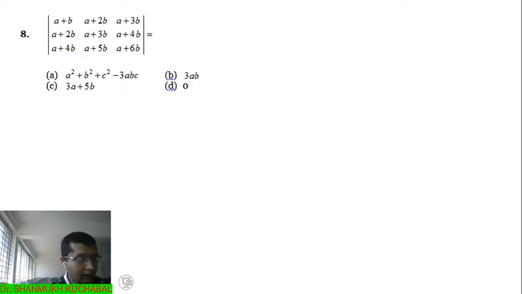Okay, similarly we have example number 8. Yes, here this determinant value we have to calculate. Yes, very simple it is. So here we have to take a b, two quantities are there, a b. Yes, so we have to substitute and we have to calculate.